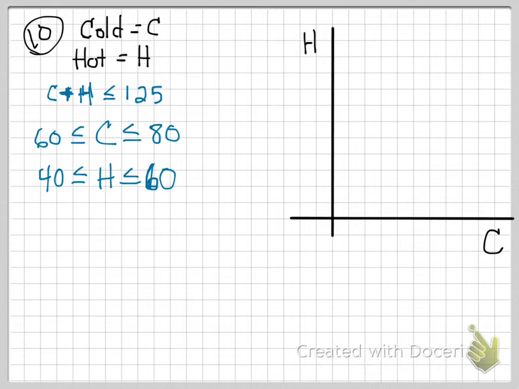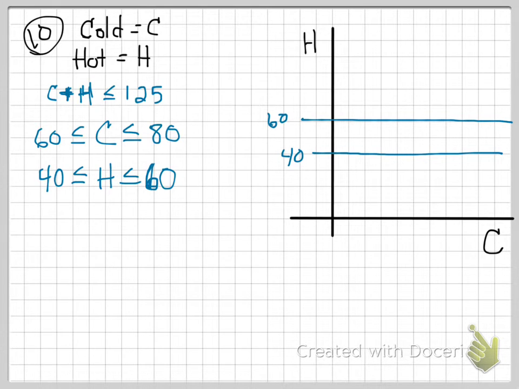Okay? So now we can put those on the graph. I've made my hot sandwiches the y-axis. And I'm going to count by tens. So, hot sandwiches, y-axis, so I'm going to go 40. So that would be at 4. So there's my 40. And 60 is going to be 2 above it.